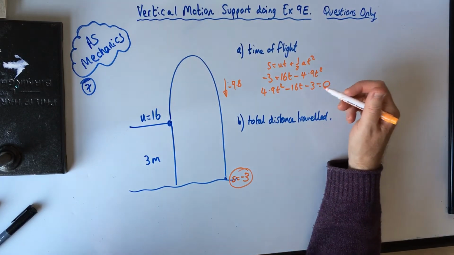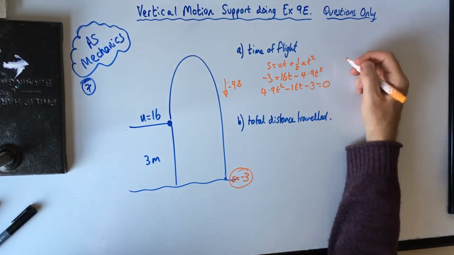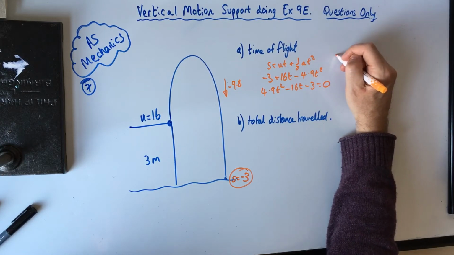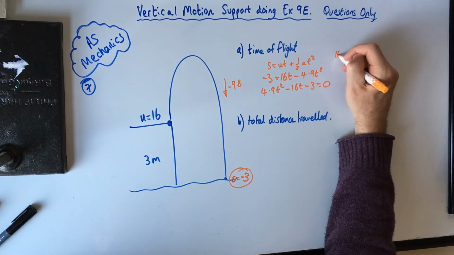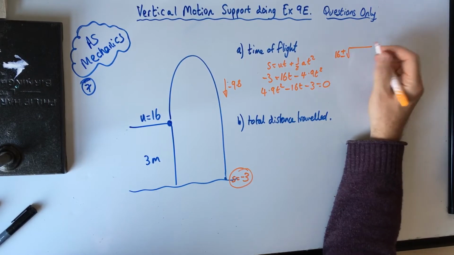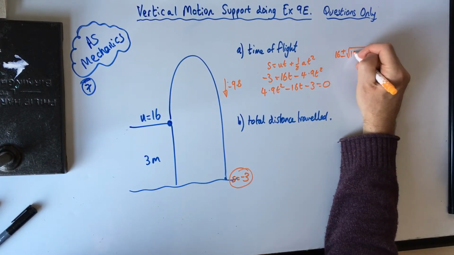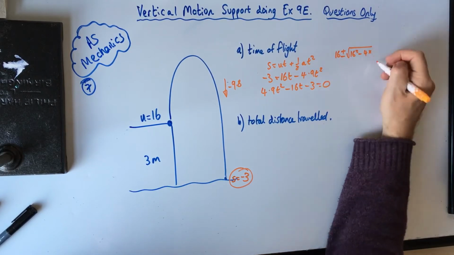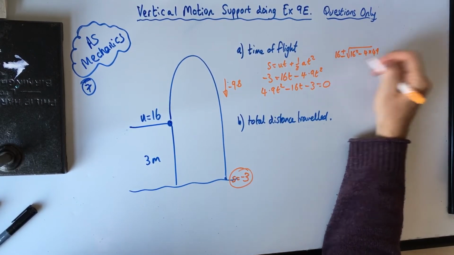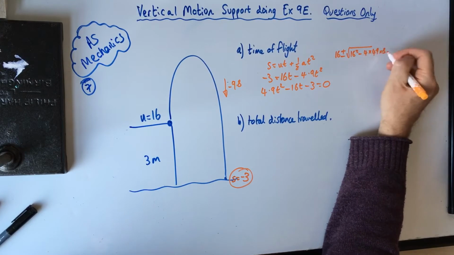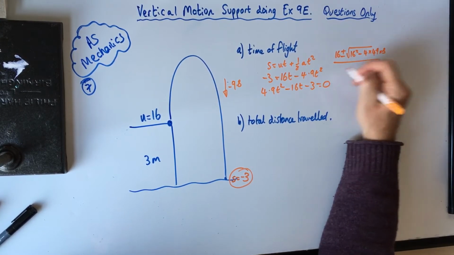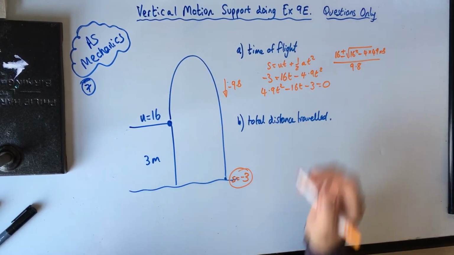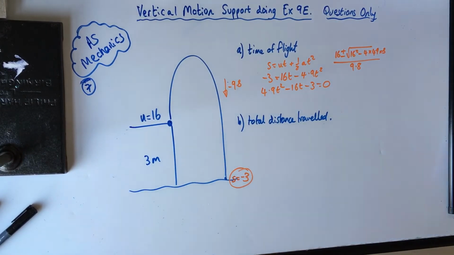You're going to get two values for that when you put that into the minus b formula. So 16 plus or minus the square root of 16 squared minus 4 times 4.9 times minus 3. So you're going to get a minus, so that's all going to be plus, all over 2a, and 2 lots of 4.9 is always 9.8 with those ones there.